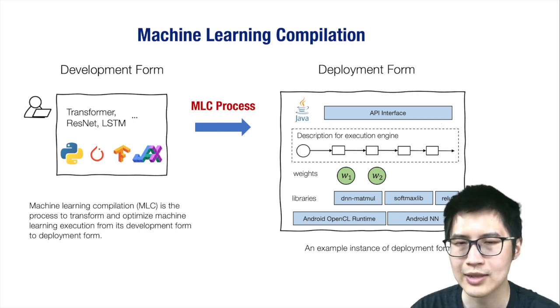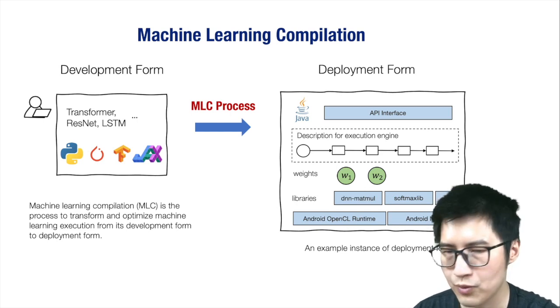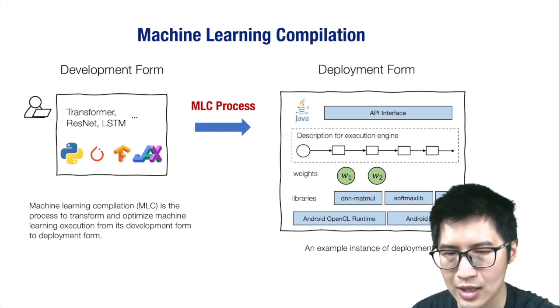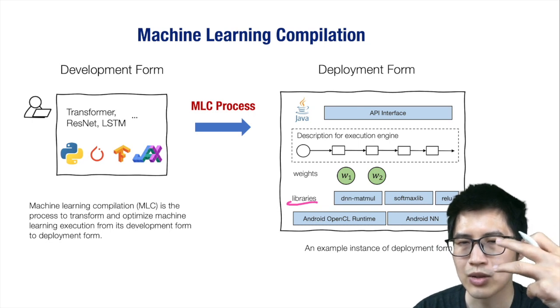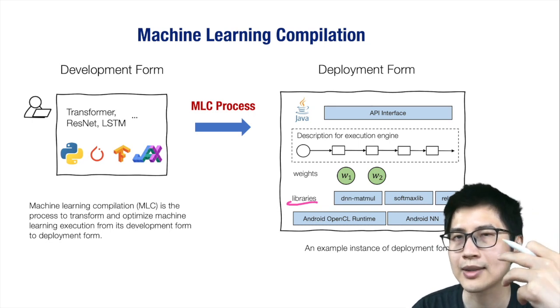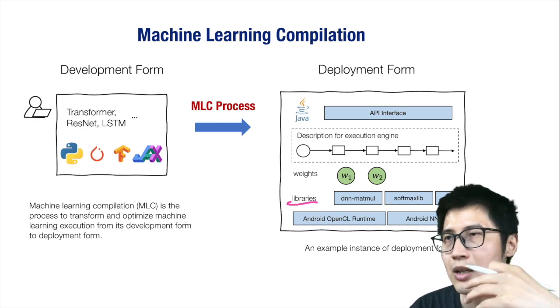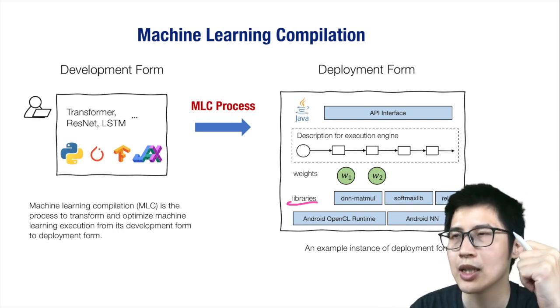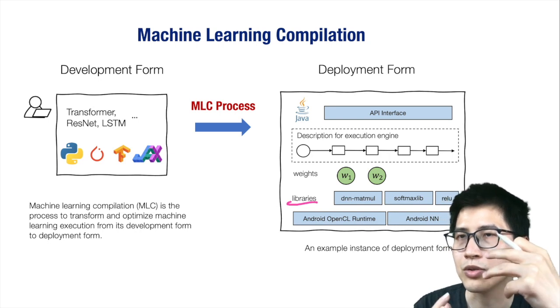For example, in this case, we are only giving a few examples of possible libraries that implement some of the operations, such as matrix multiplication, softmax, and other operations that common machine learning models use.